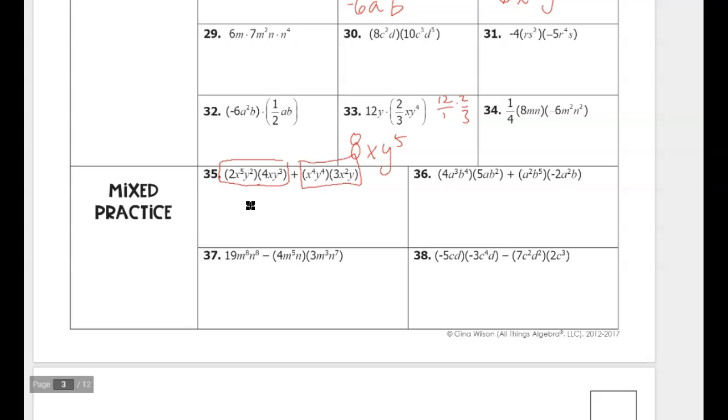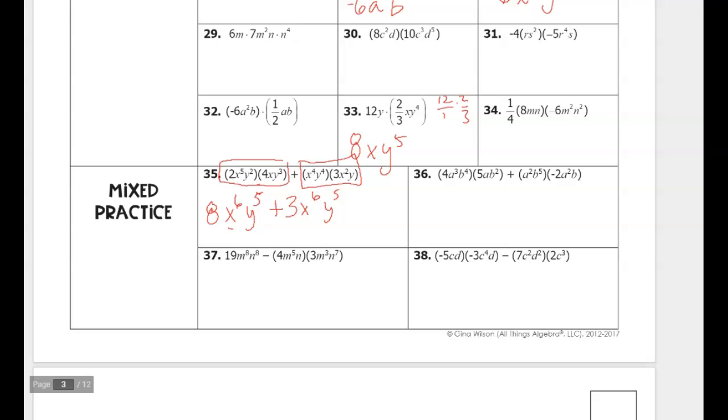All right, so I do 4 times 2 is 8. And then the fifth and the first become x to the 6th. Y squared and y cubed is y to the 5th. Okay, and then over here we're going to add that to, I have a 3. And then my 4 and 2 becomes x to the 6th. And my 4 and 1 become y to the 5th.